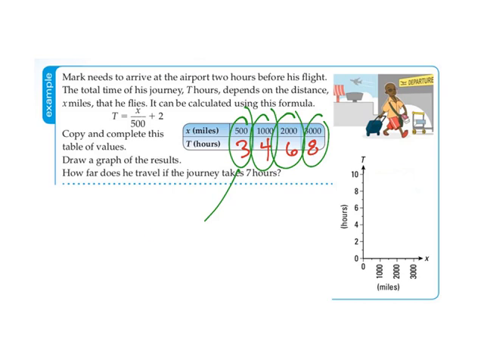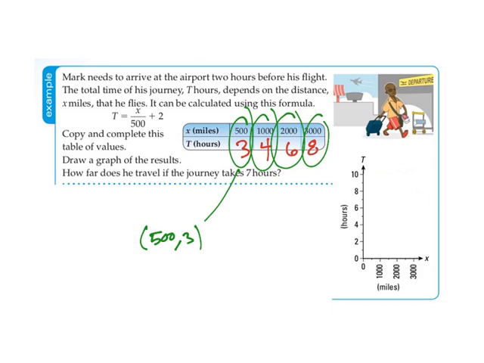This first coordinate is basically 500 by 3, because your x value is represented by the number 500 and your y value is represented by t. So we're going to graph it on a set of axes.